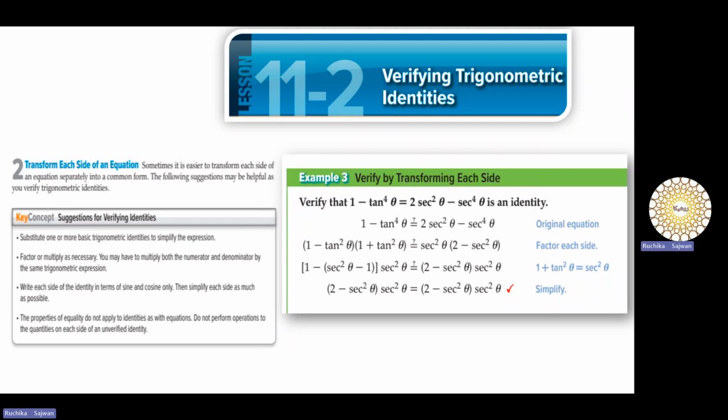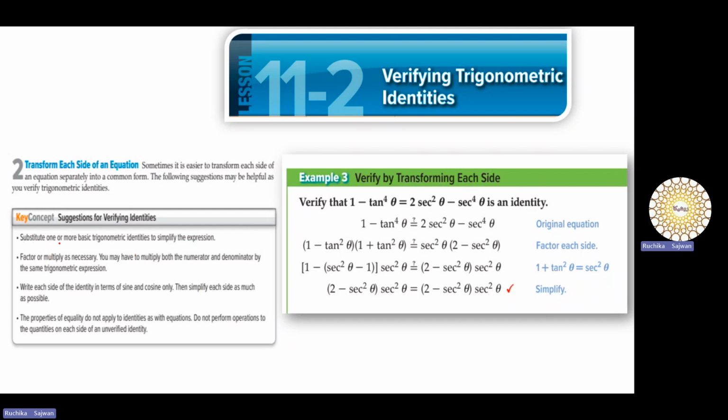As you can see, I will show you the questions, and we will also be looking at the answer key, and we will be using the method of transformation for verifying the identity. As you see on the screen, there are some suggestions given to you for verifying trigonometric identities. I will highlight here.